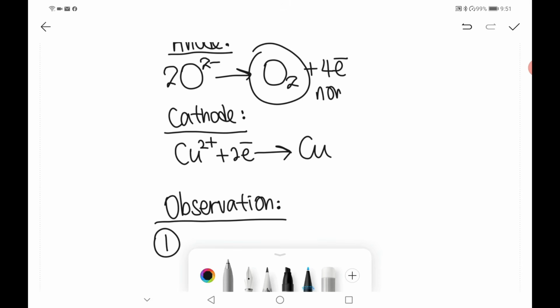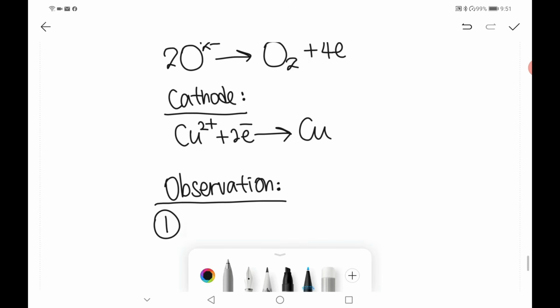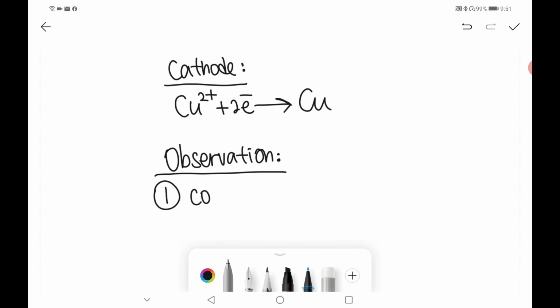Oxygen is a non-metal, so we will see a gas. What is the color for oxygen? Oxygen doesn't have color, so it's a colorless gas. Remember, if the gas is colorless, we cannot see it. We cannot see colorless gas, so we can only see it by bubbles.